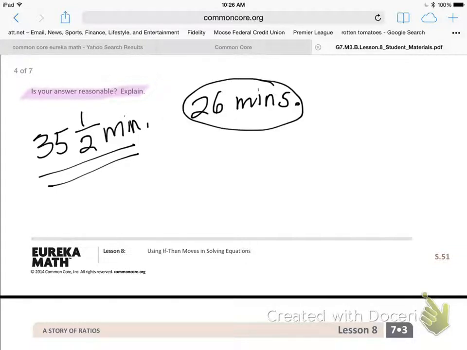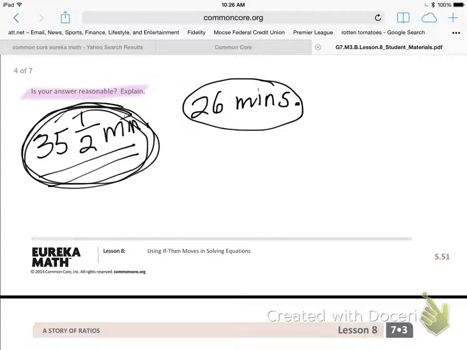We know the total time is going to be more than this. Of course, if only 3 activities take 35.5 minutes, then the total time is going to be more than that. So anything added onto that truly would be reasonable.